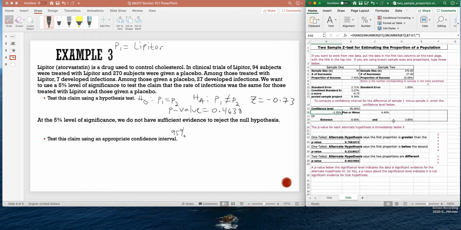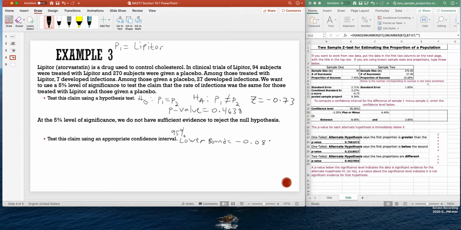But we have our confidence interval here being between the lower bound, which is negative 0.0895, and the upper bound, which is 0.0385.